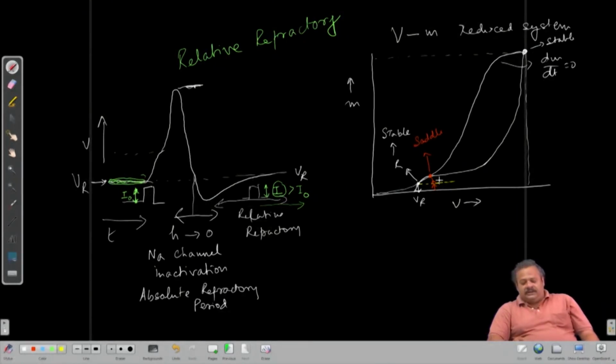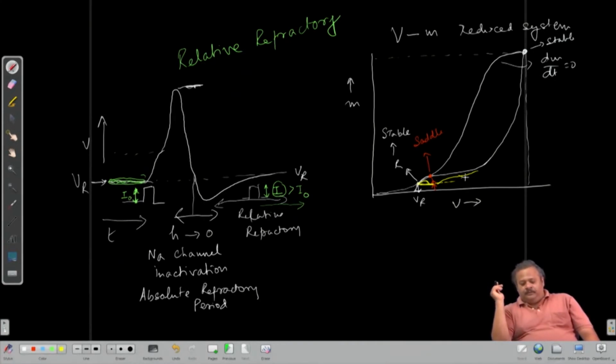Initial voltages, through current injection, reaching anywhere on this yellow line before the stable manifold will go back to resting membrane potential, and anything beyond it will go along the unstable manifold and go up to that stable node at the top right.